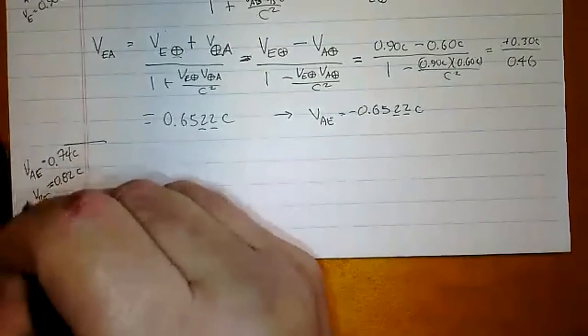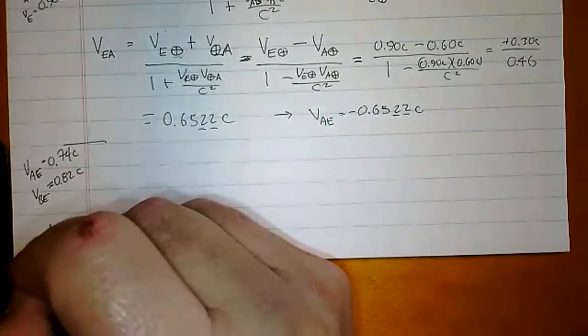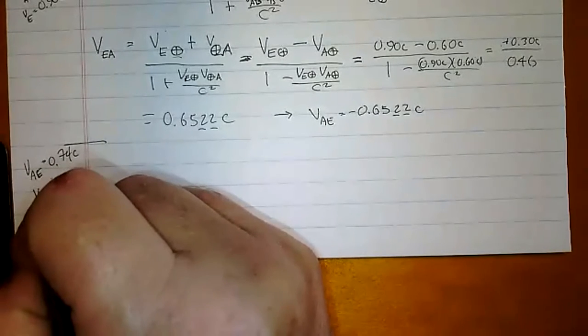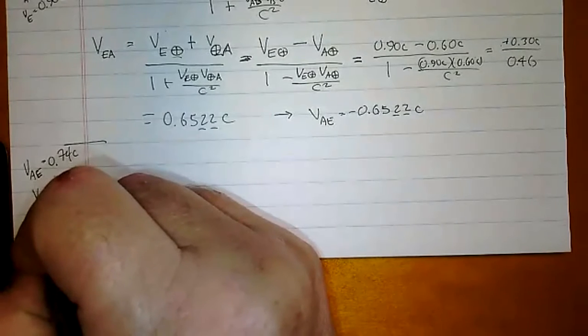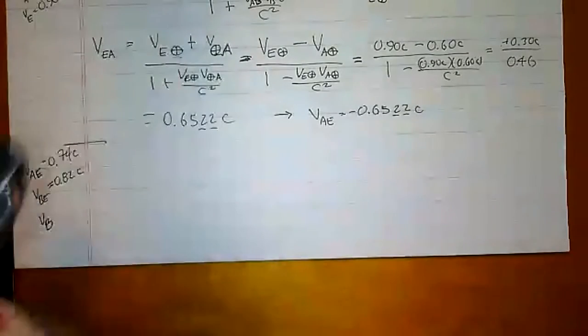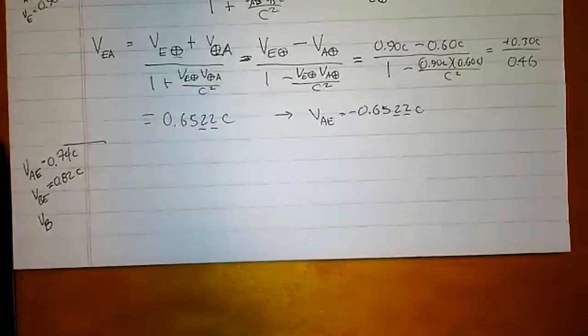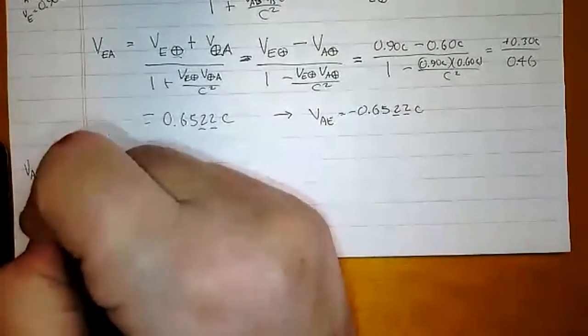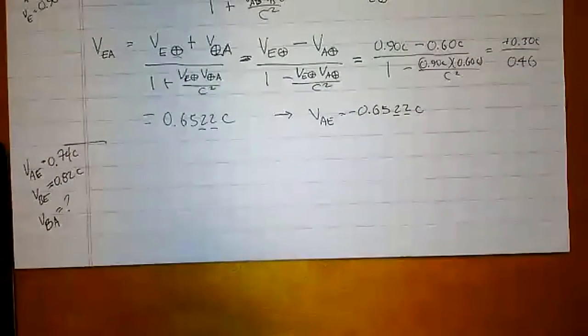Do you recall? B as seen by A. How fast is B moving relative to A when it passes A? So it would be B seen by A, exactly. So VBA is what you're looking for. Yep.